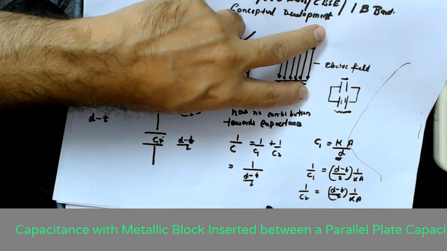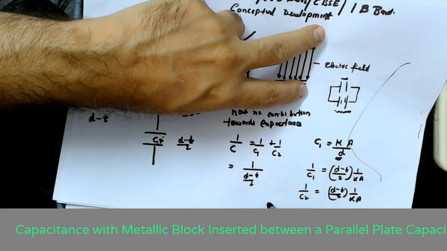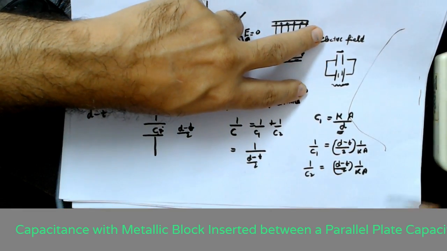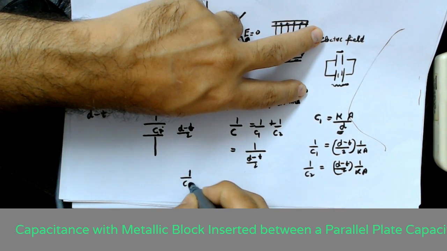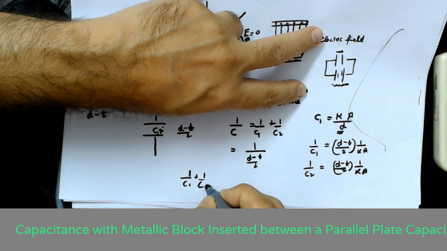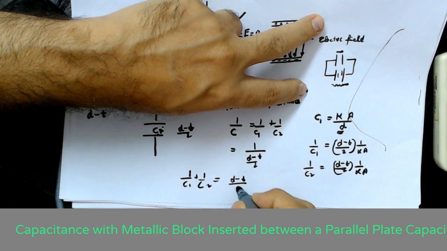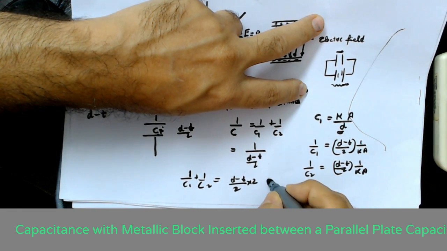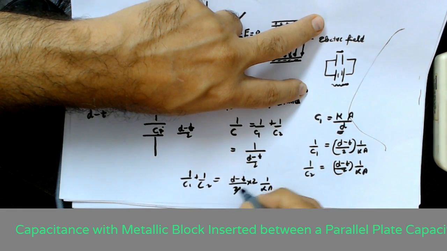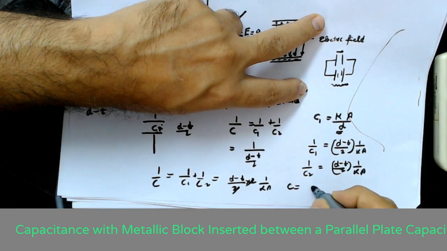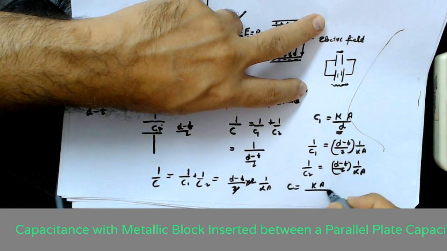If you add these two, equations number 1 and 2, 1 by C1 plus 1 by C2 is equal to D minus T, the 2 cancels out because they're identical, and so this is your 1 by C, and C is equal to Ka upon D minus T.